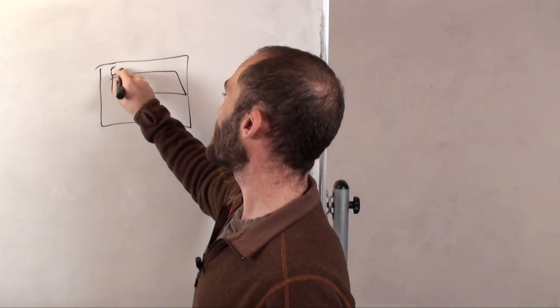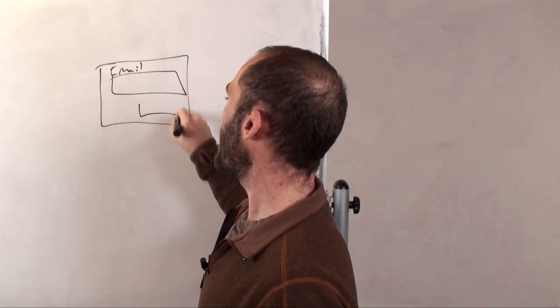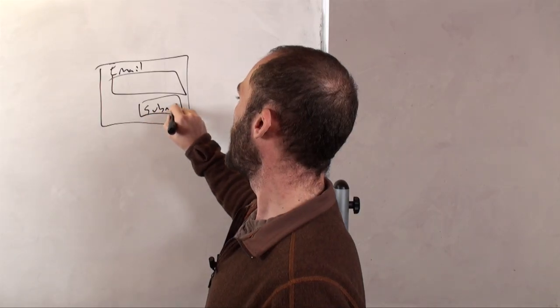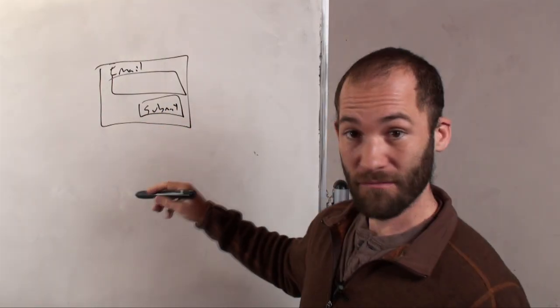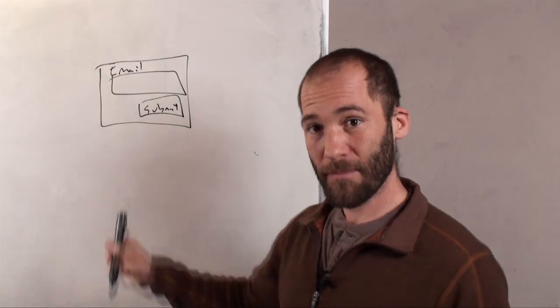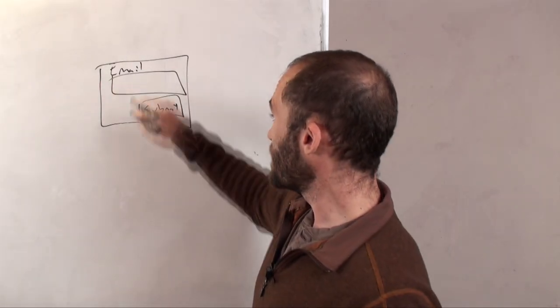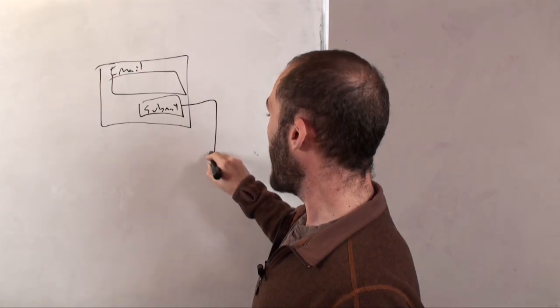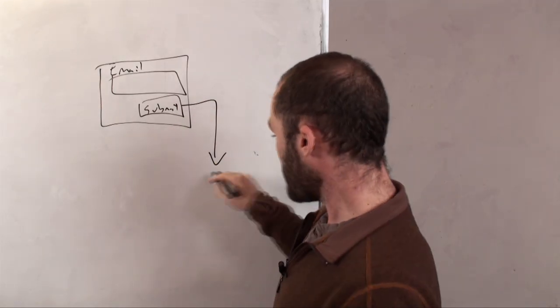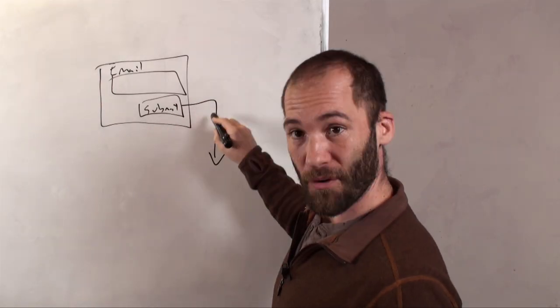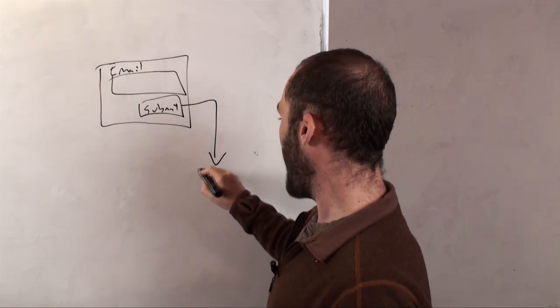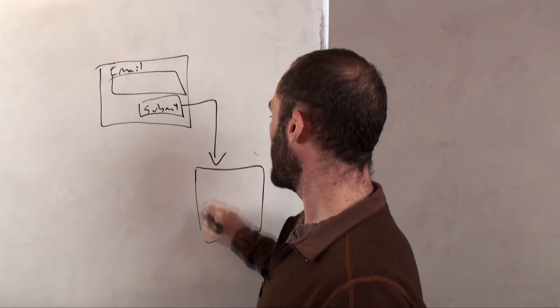Above it, it'll say email, and below it, it will say submit. I write it out on a piece of paper or on a whiteboard like this. Then I would write out that when you hit submit, that goes into the database.